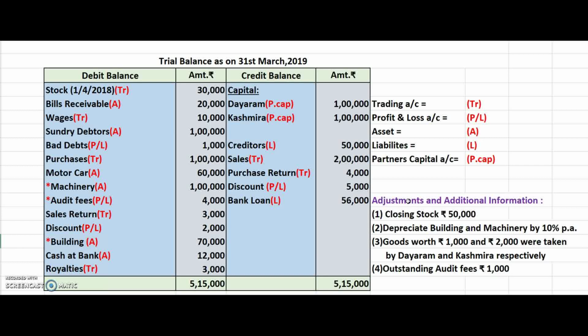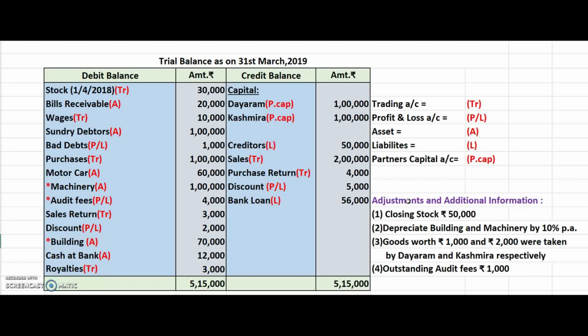What is different about adjustments, students? You have to remember that everything that appears in the adjustment has to be written twice. One debit effect, one credit effect. So there will always be a first effect and always a second effect.